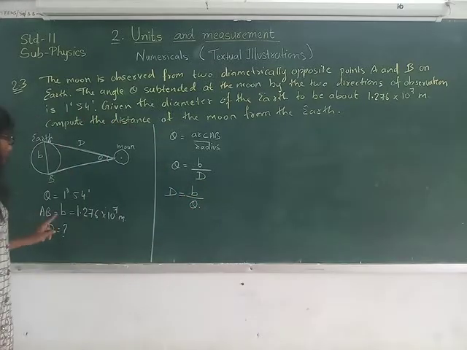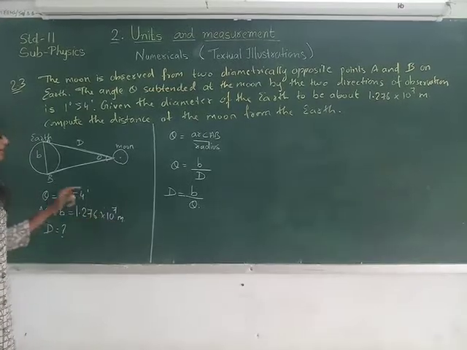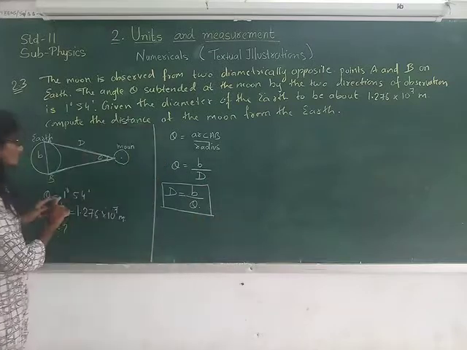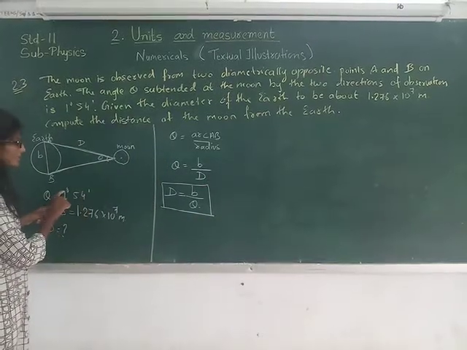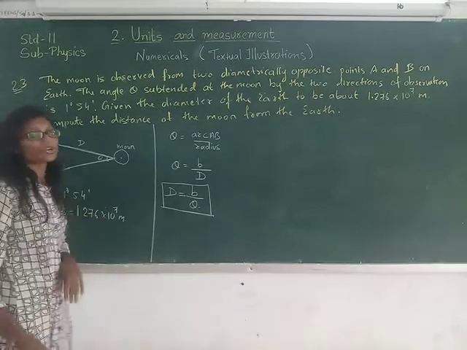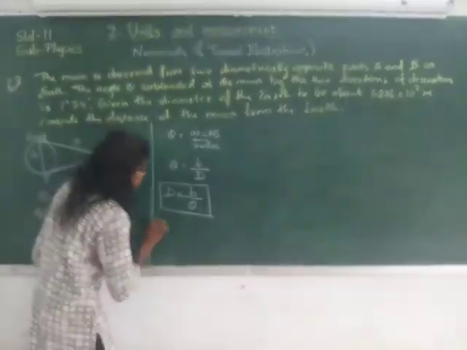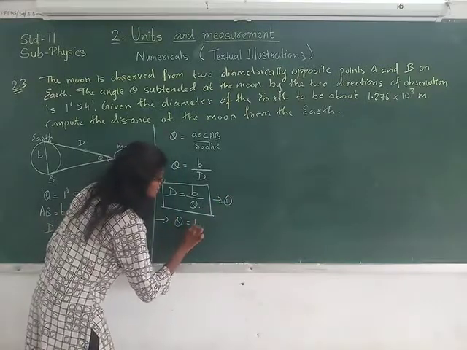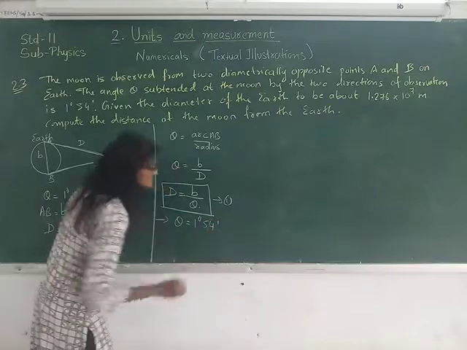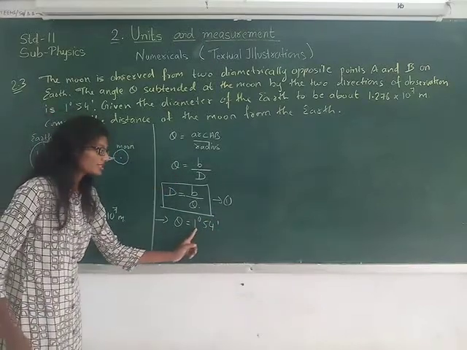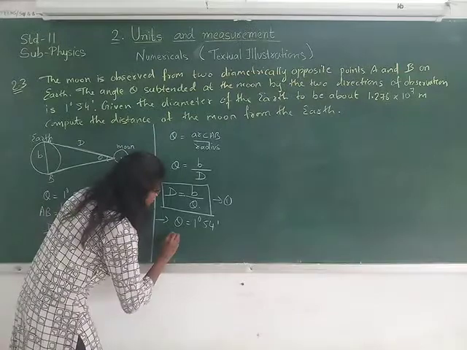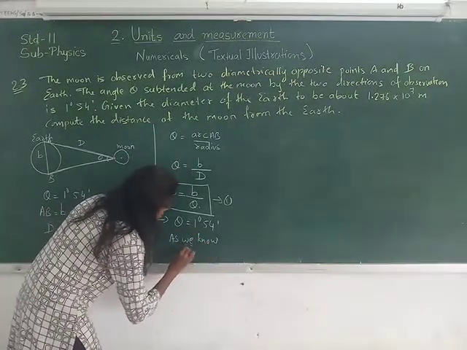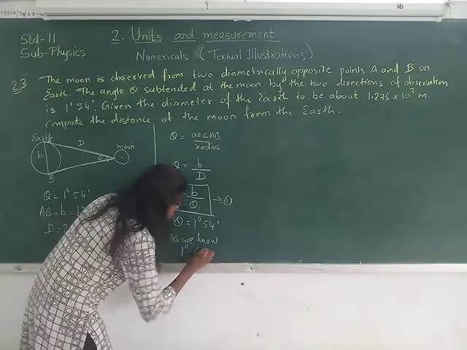Now see, the value of b is in meter, but this theta is given in degree and minutes. So you need to convert that into radian. First converting this into radian, here it is 1 degree 54 minutes. We need to first convert this degree into minutes, and as we know 1 degree equals 60 minutes.